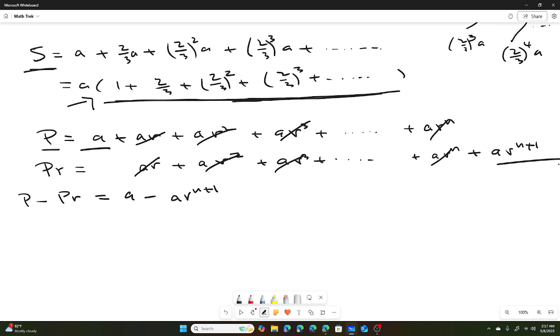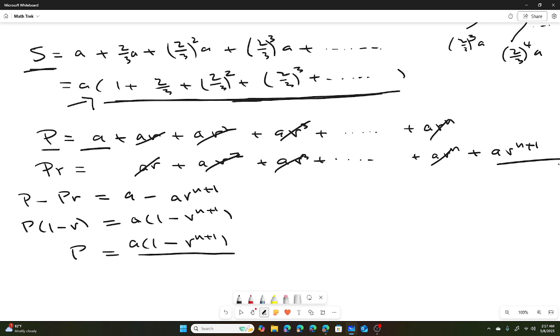If we pull the P out, and pull the a out, we divide both sides by 1 minus r. And this is what we have.